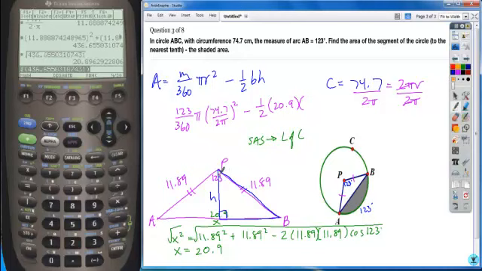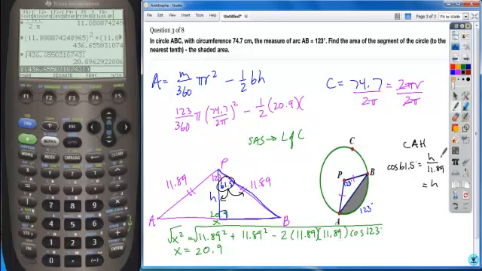I know that this angle is half of 123, so 61.5 degrees is that angle, and then I can set up my trig ratio that relates these: angle, adjacent side, and hypotenuse. The adjacent and hypotenuse are related by cosine. So I could say that the cosine of 61.5 degrees is equal to adjacent h over hypotenuse 11.89.